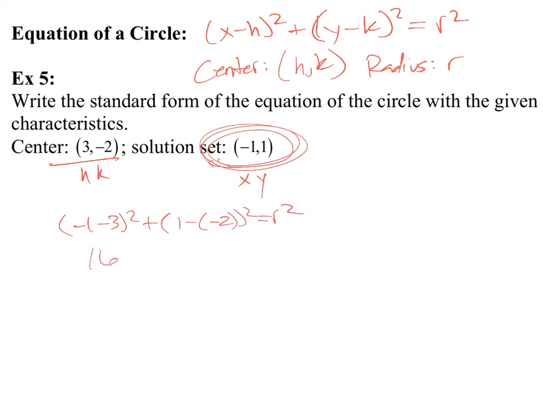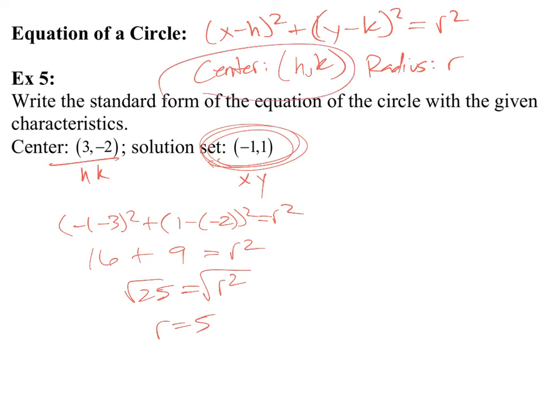And simplify. Take your time, be careful with your calculations. All right, so we're going to have to square root both sides to get r by itself, and r is equal to 5. Okay, now to state the equation, we have to include the center of the circle and the radius.